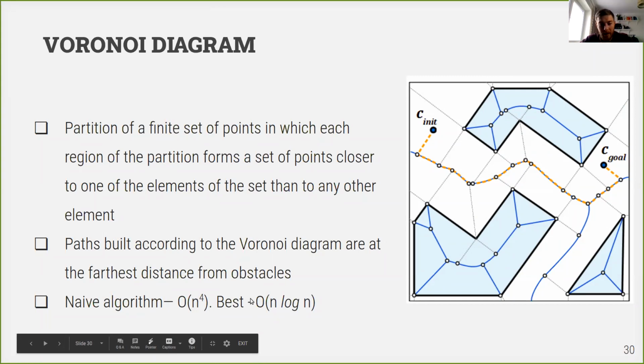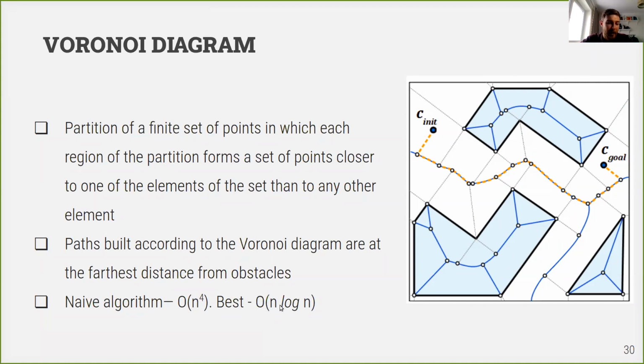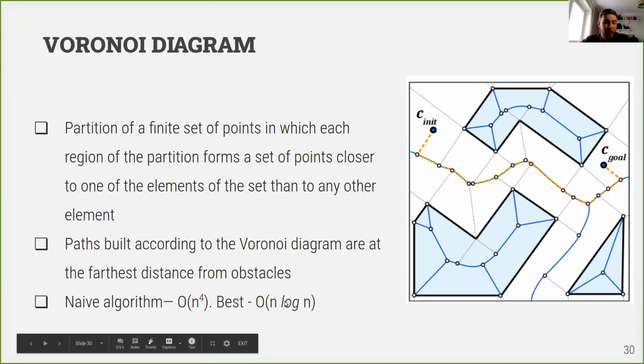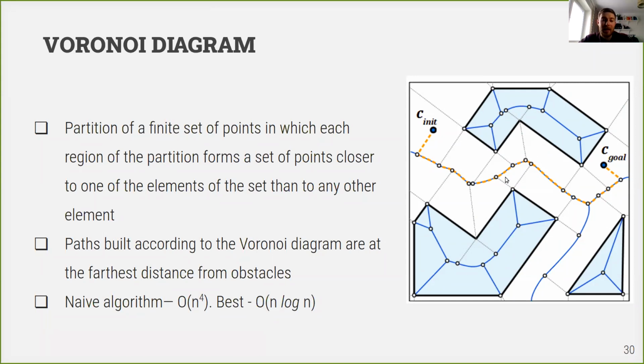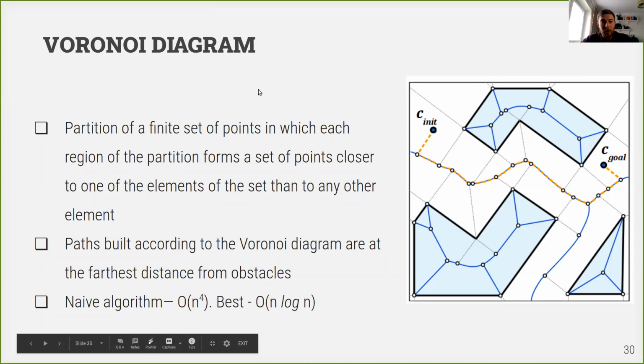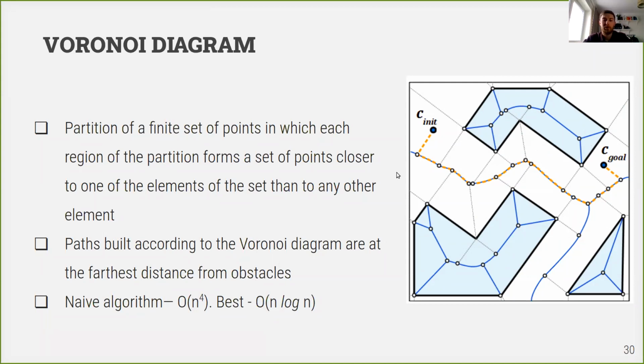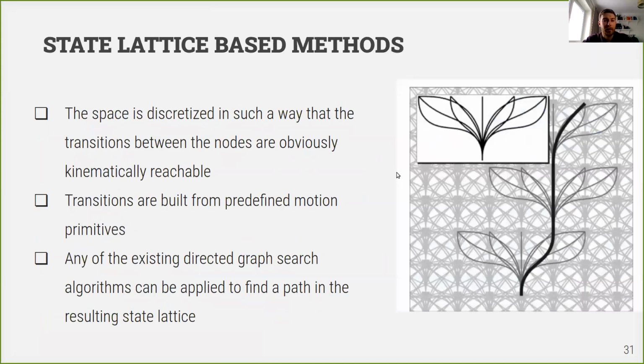And there is also the best algorithm, which is not always applicable. It is applicable for some special cases, but it is really fast. You can see that it is an n log n algorithm, so for some cases we can get this representation really quickly. So Voronoi graph is also really used a lot in path planning.